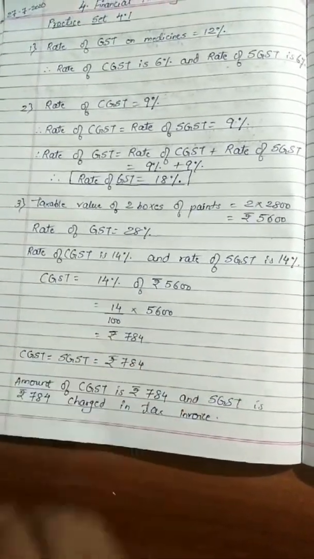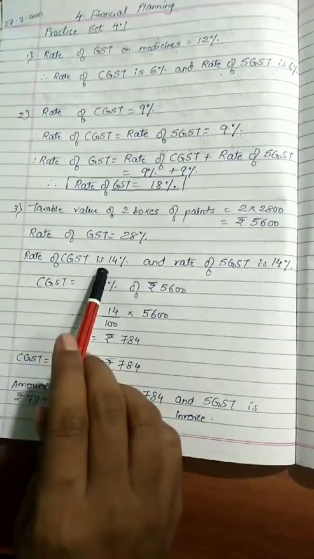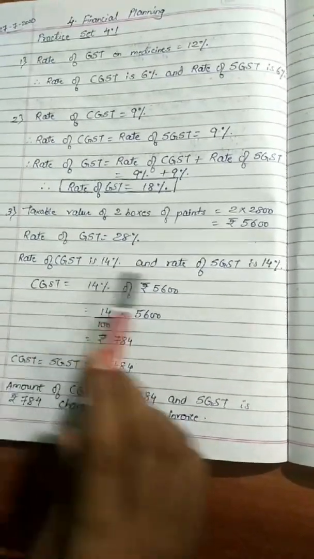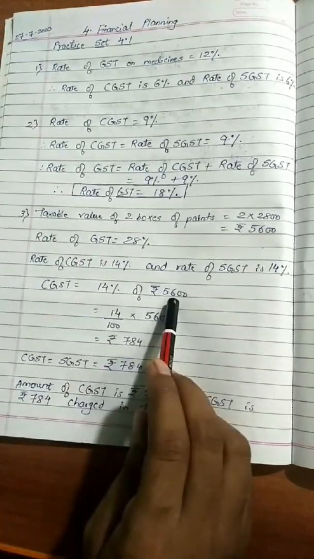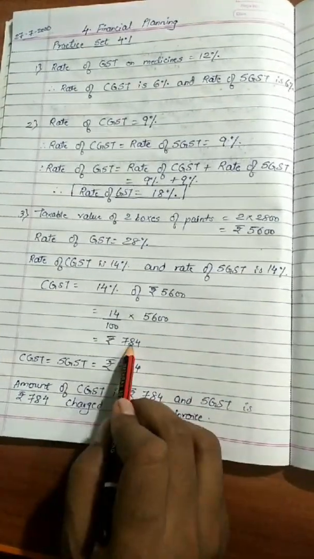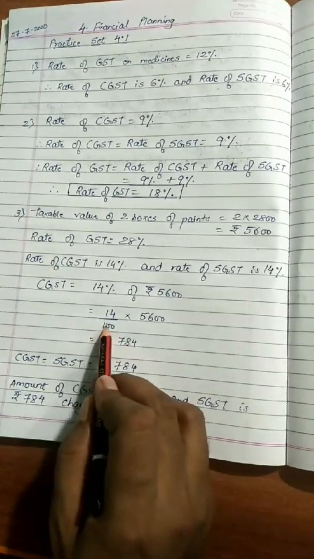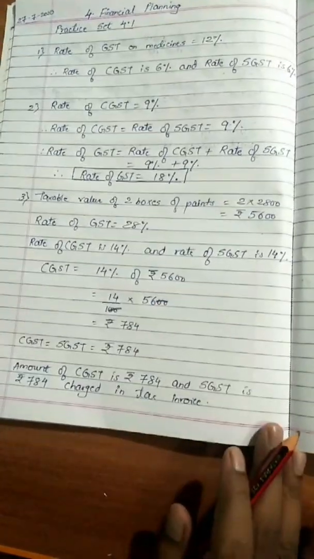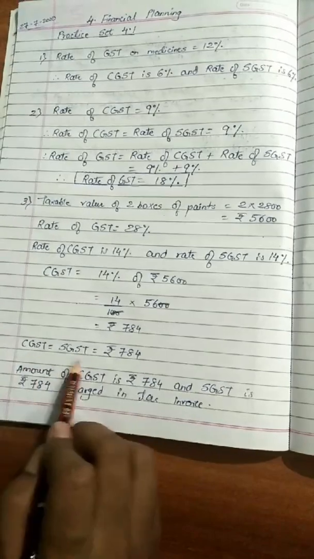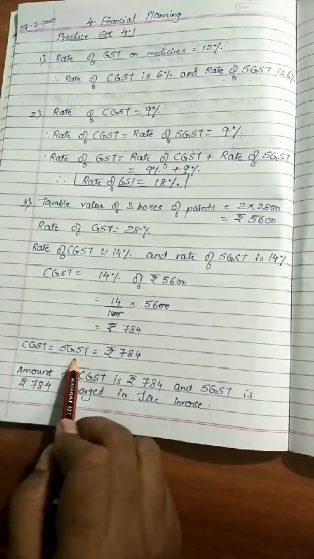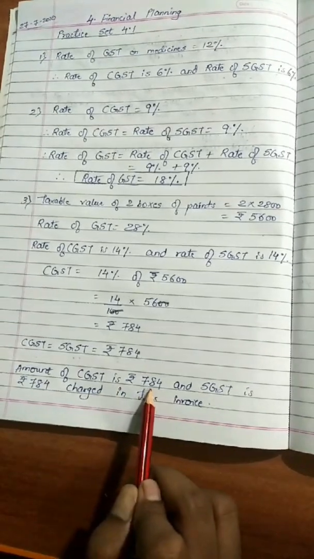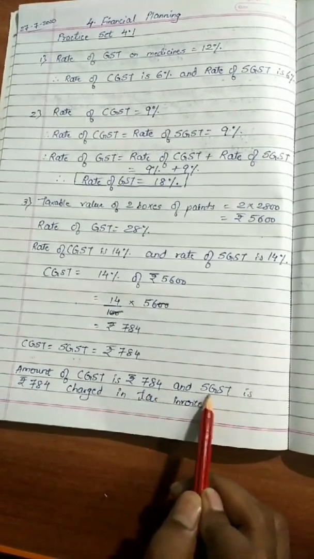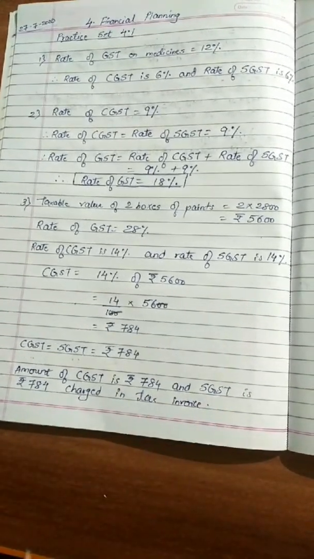Rate of GST is 28%, so we divide this: 14% CGST and 14% SGST. 14% of 5,600 gives 784. So CGST equals SGST equals 784.